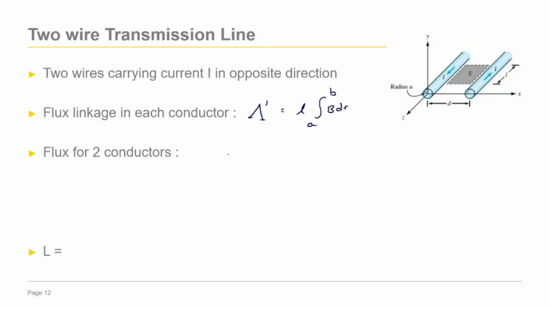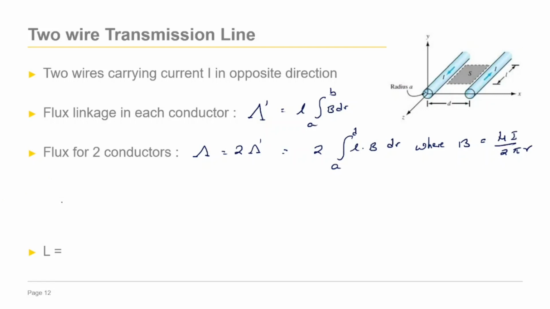Now for two conductors, for both conductors together, the total flux linkage is going to be twice the flux linkage for each of these wires, or twice integral a to d L times B dr, where B is given by mu I by 2 pi r.